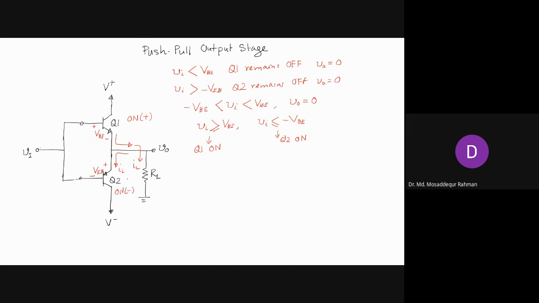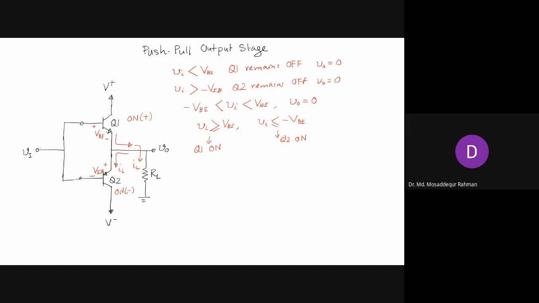As we have seen in our previous analysis, when we set the IC to 0, the transistor conducts only for half of the cycle, right? A little less than that. So here what we have done, we have used two transistors, one PNP, the other NPN. NPN conducts during the positive half cycle, and PNP conducts during the negative half cycle.